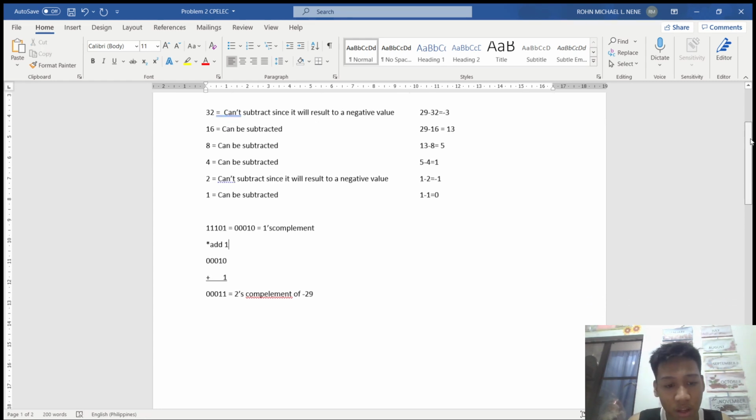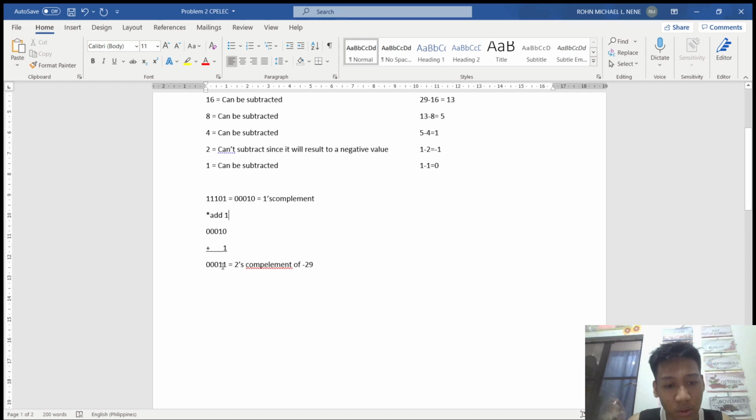Then to finalize the 2's complement, we will be adding 1 to the previous output value, and then it will result into this value, which is 0 0 0 1 1, which is the 2's complement of negative 29.